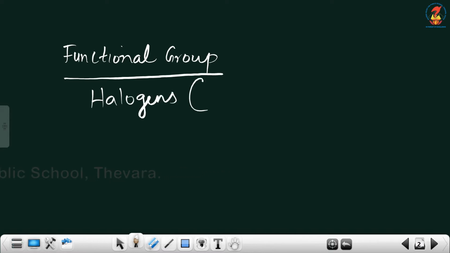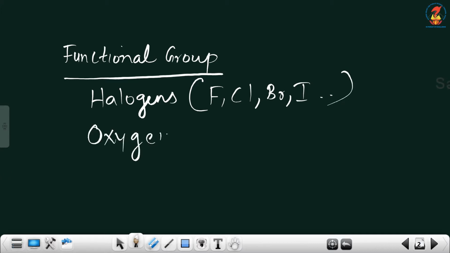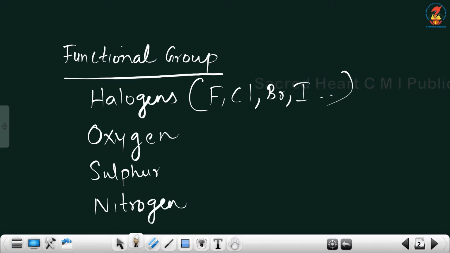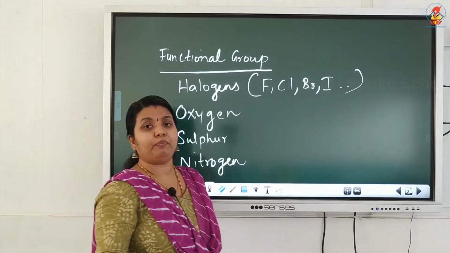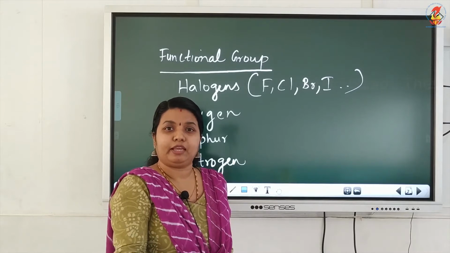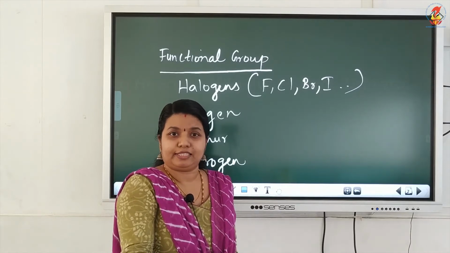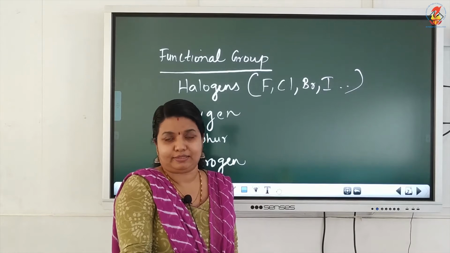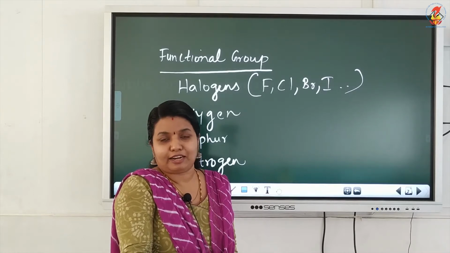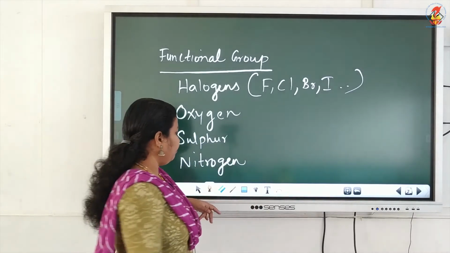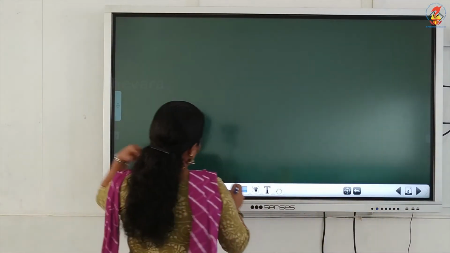Halogens are a group of non-metals: fluorine, chlorine, bromine, iodine, etc. Then oxygen, nitrogen, sulfur, etc. So carbon can form bonds with other atoms of other non-metals.